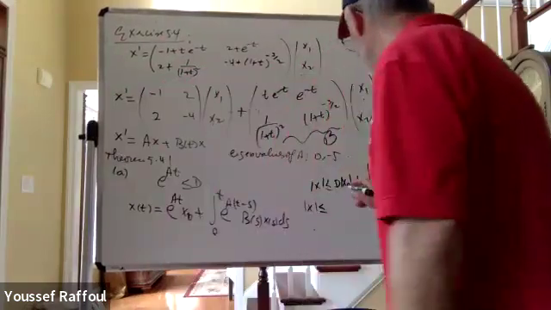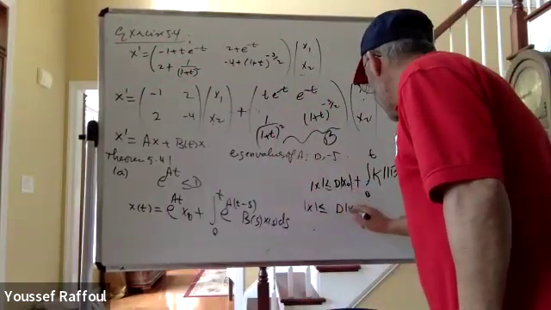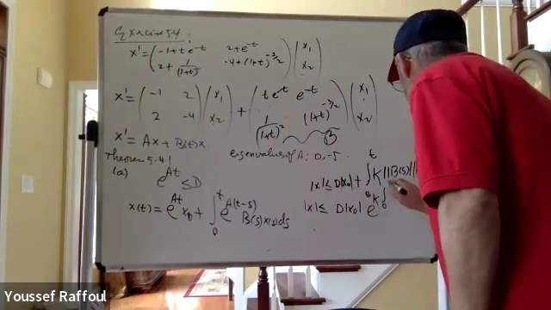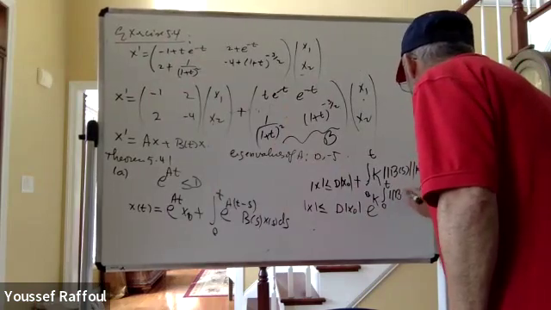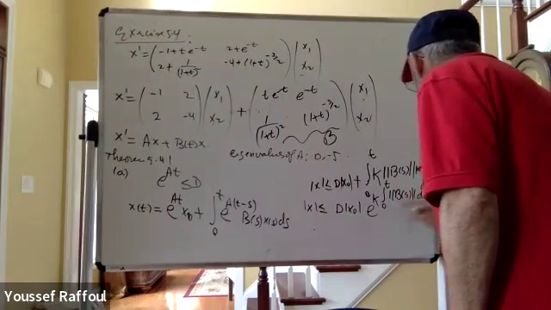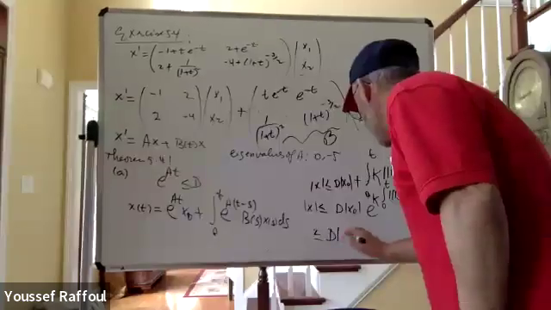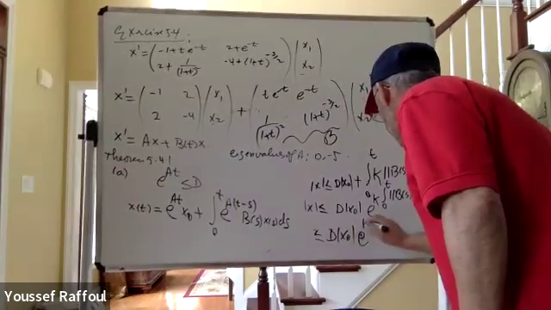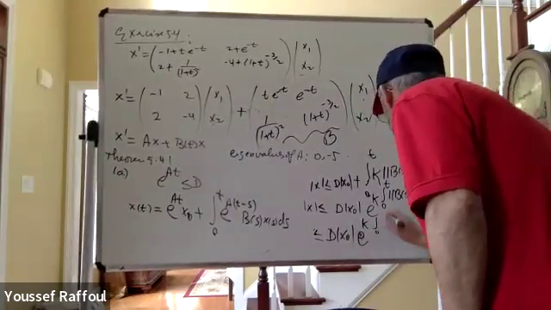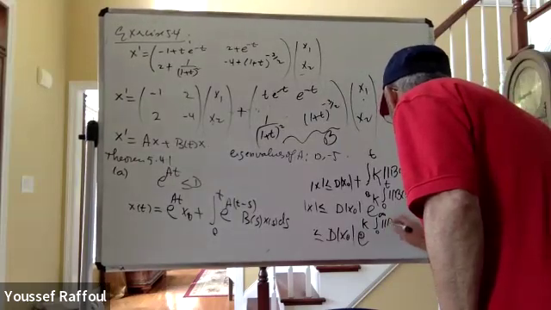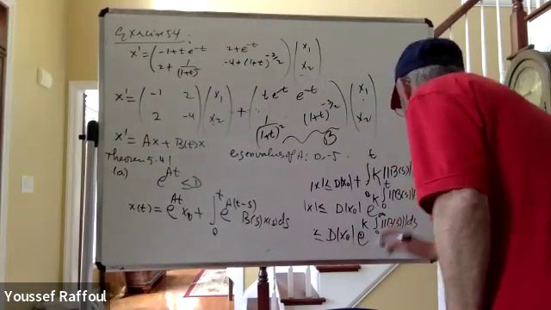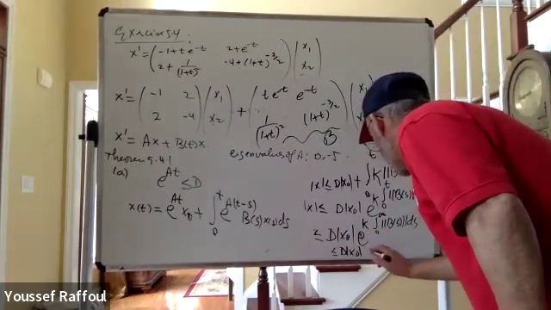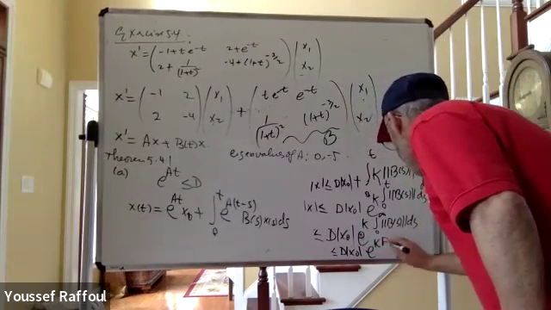Less or equal to dx naught e to the k integral from 0 to t of b(s) ds, less or equal to dx naught times e to the k integral from 0 to infinity of b(s) ds. Now this is less or equal to dx naught e to the k e.